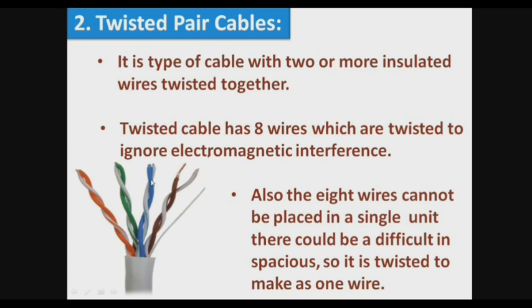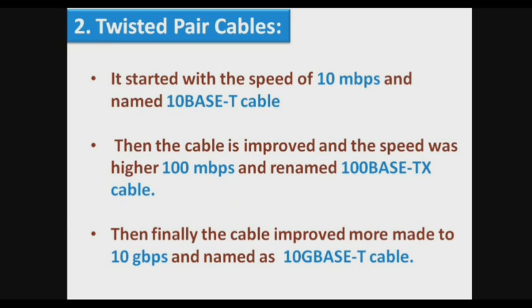Generally, these wires are used in telephone lines and also local area networks to interconnect two computers and to transmit the data among them. So these are the speeds of twisted pair cable. It started with a speed of 10 Mbps, 10 megabits per second.